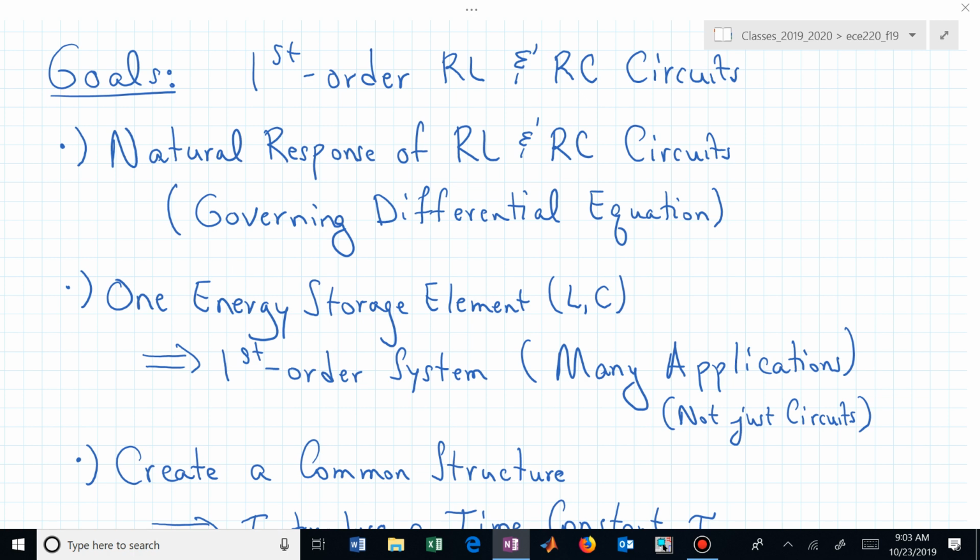Now that we have ELI and ICE, we know that these energy storage devices, inductors and capacitors, do store energy, and they give us this time rate of change behavior, this dV/dt or di/dt in the circuit, in our current-voltage relationships. We'll just start with one energy storage element in our device, an inductor or a capacitor, and that could be a couple of inductors in series or a couple of inductors in parallel.